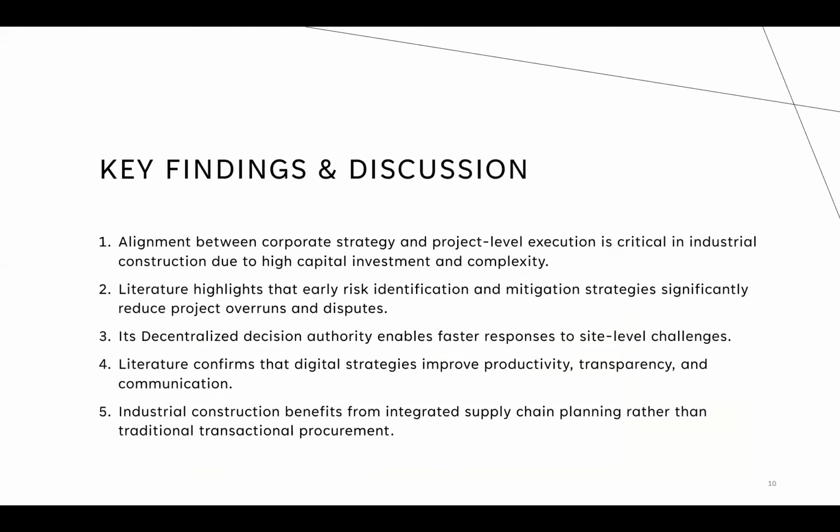Here are some key findings and discussions. Number one, alignment between corporate strategy and project-level execution is critical in industrial construction projects due to high capital investment and complexity. Literature highlights that early risk identification and mitigation strategies significantly reduce project overruns and disputes.